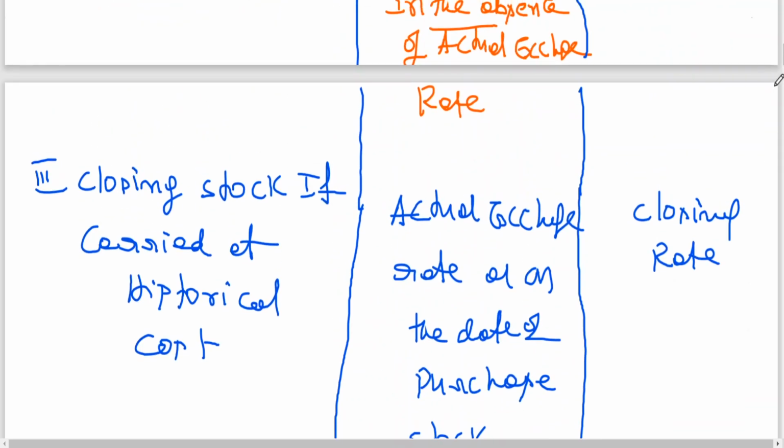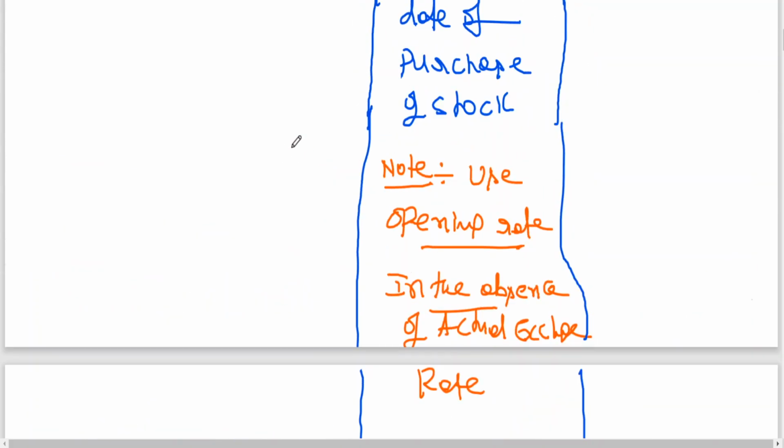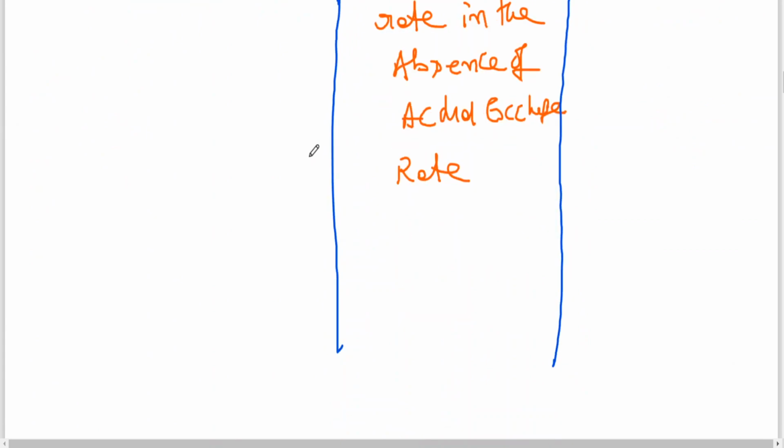Then the conversion factor will be same for integral foreign operations and non-integral foreign operations. So far we have seen monetary items, opening stock, closing stock. Next, fourth one.